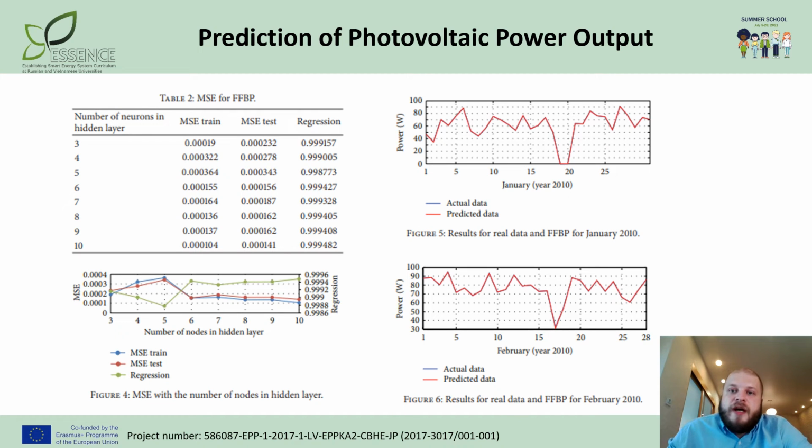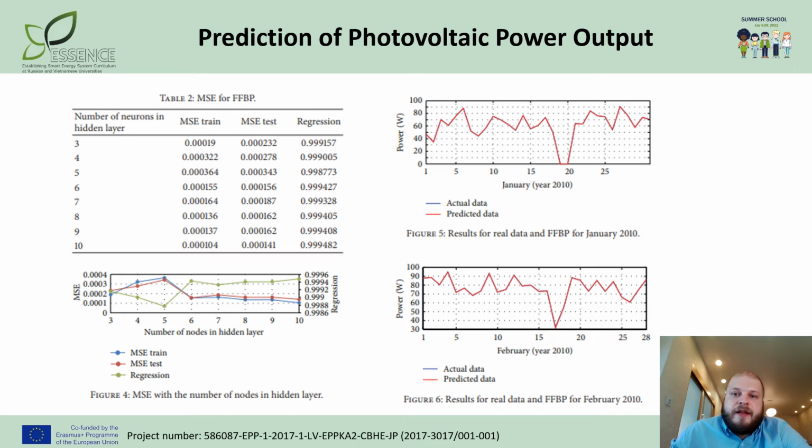A trial for investigation of the number of nodes in the hidden layer is evaluated to find the mean squared error of the feed-forward backpropagation neural network. Table 2 represents the training mean squared error, testing mean squared error, and a regression value for different numbers of hidden nodes for the feed-forward backpropagation network.